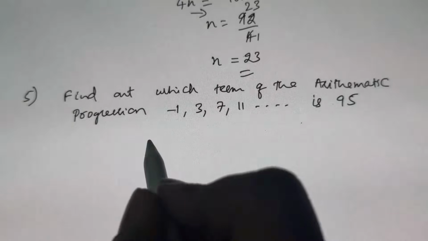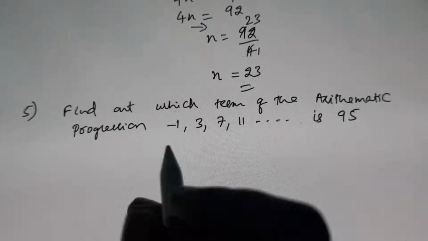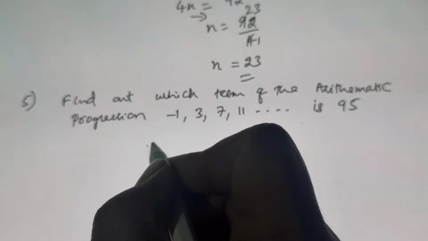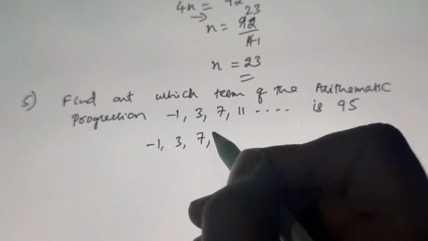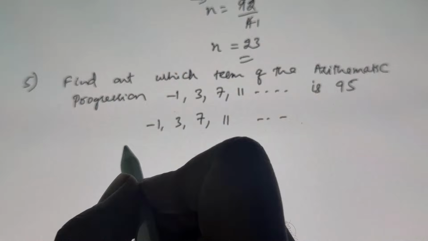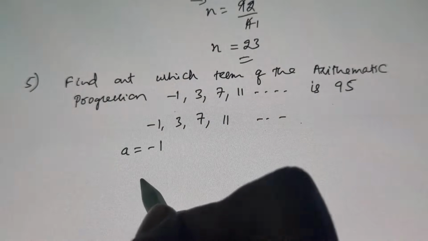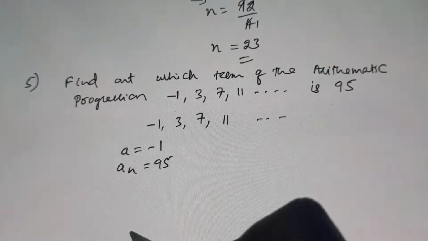So the given series is -1, 3, 7, 11. From the series we know that a is equal to -1 and the nth term an equals 95.